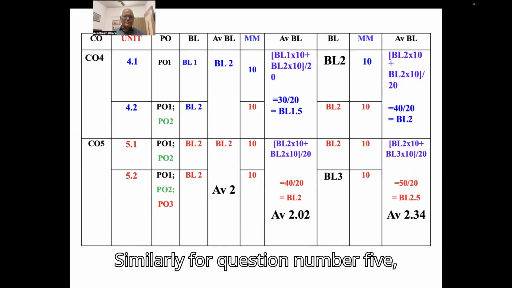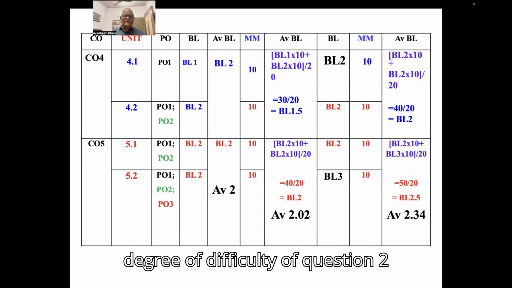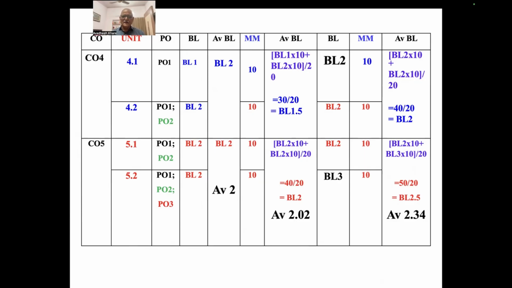Similarly, for question number 5, there are 2 subunits, 5.1 and 5.2. We decide to hold 2 questions, 10 marks each, and the average degree of difficulty of question 5 as per the syllabus should be 2.